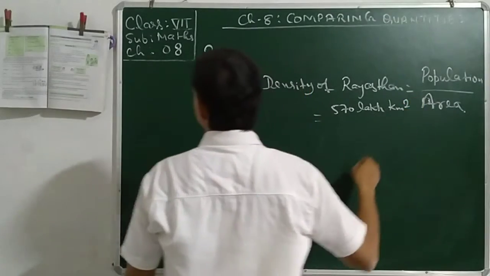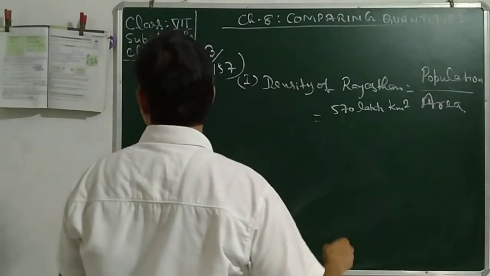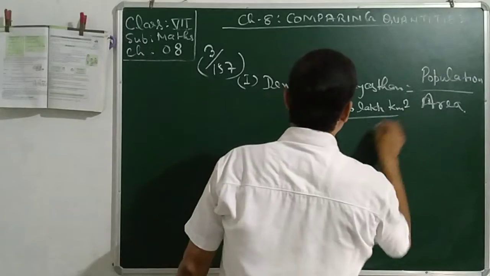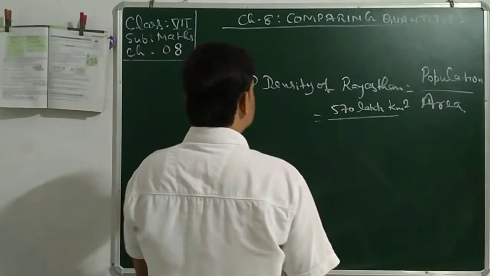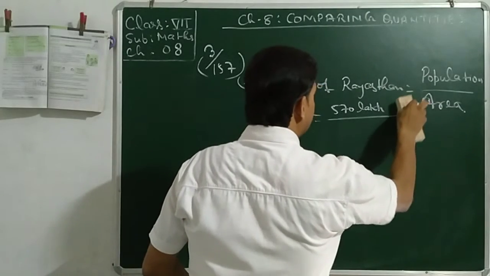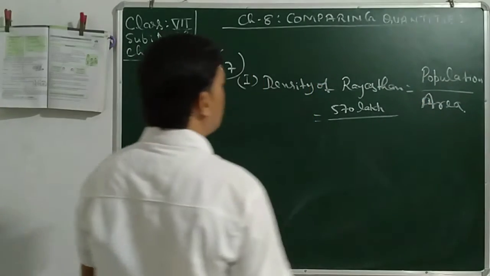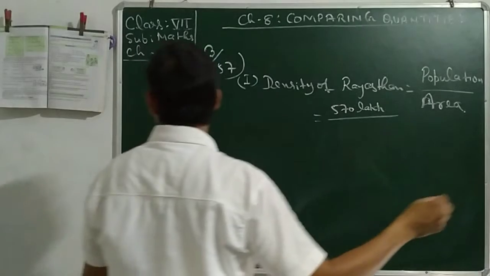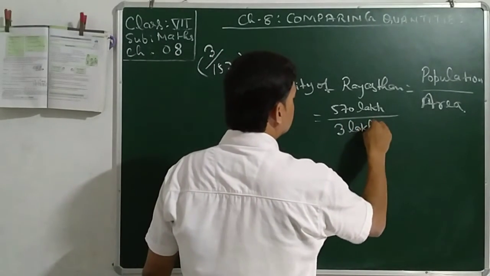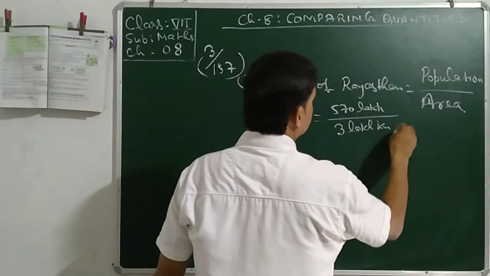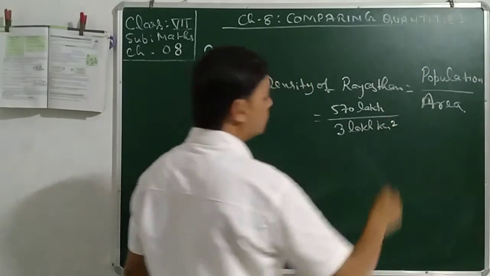Population was 570 lakh and area is 3 lakh kilometer square.